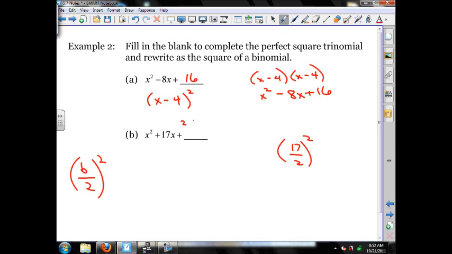So in the blank would be 289 over 4, because 17 divided by 2 is a decimal. Because we don't have decimals in the problem, we don't want to write it in decimal. So 17 halves squared, you can just square the top and square the bottom.